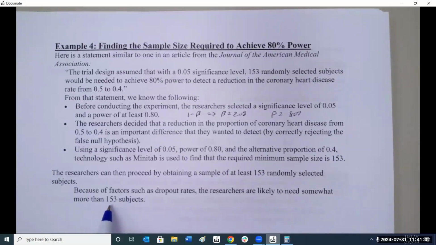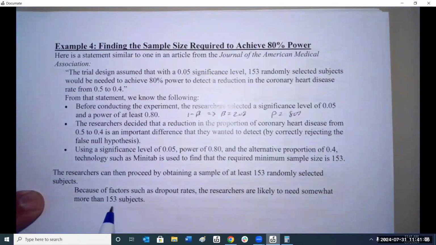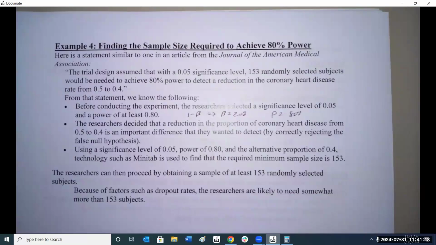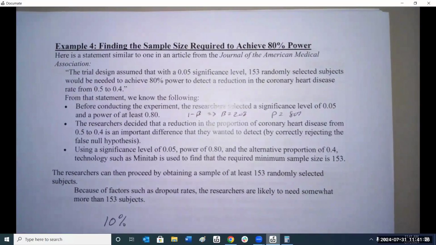And this calculation says we want 153 subjects. Because there are certain things, the subjects may not show up. The subjects may not answer all of the questions or may not participate 100%. So a good rule of thumb is a 10% rule.